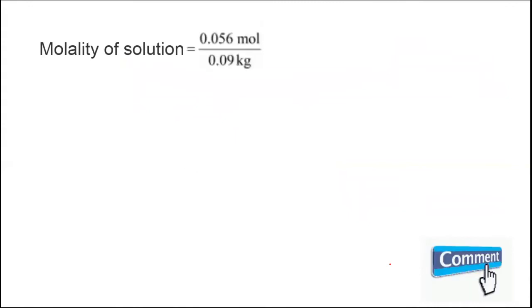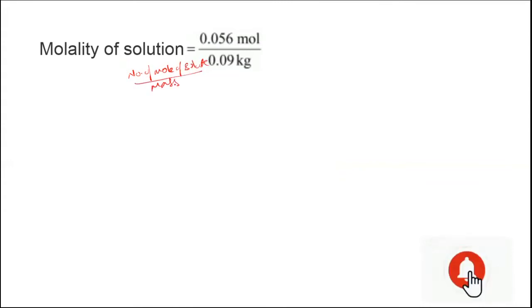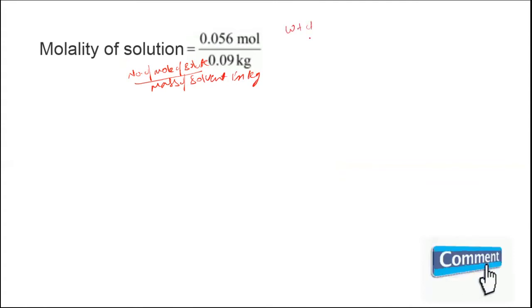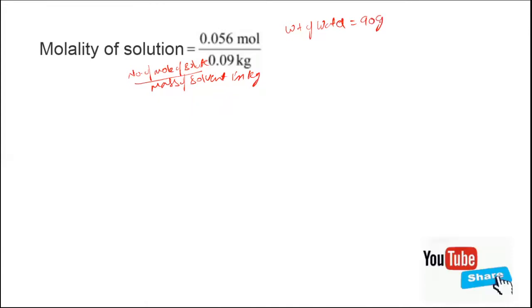Now we will calculate the molality of the solution. The molality of the solution is equal to the number of moles of solute divided by the mass of solvent in kg. As you know, the weight of water is 90 gram.